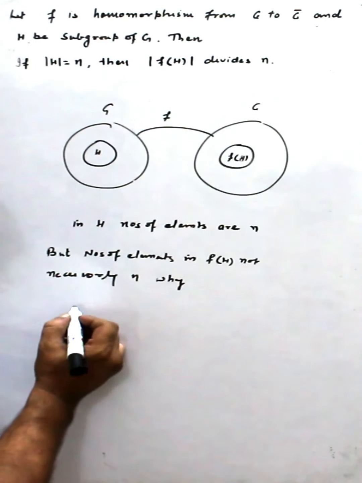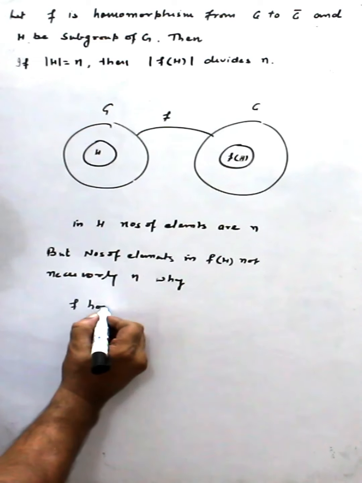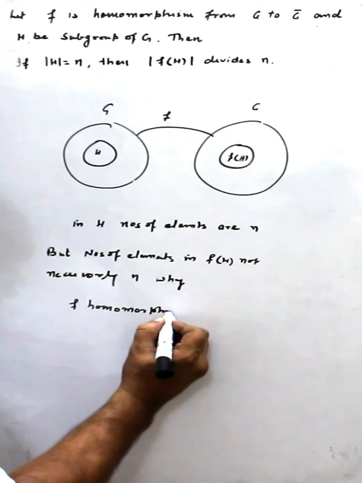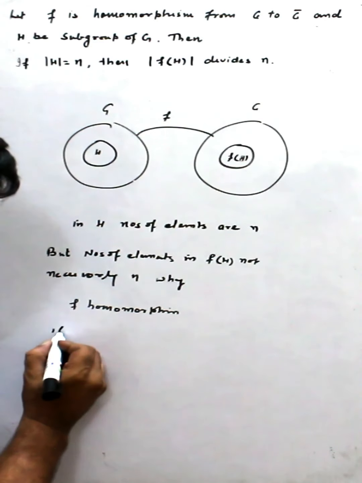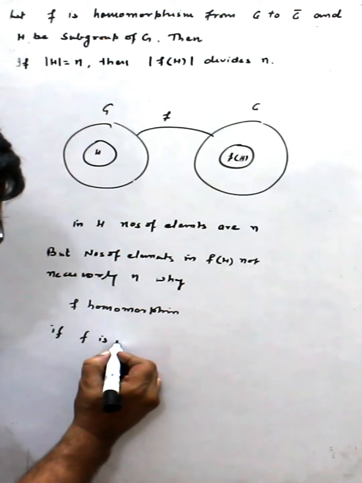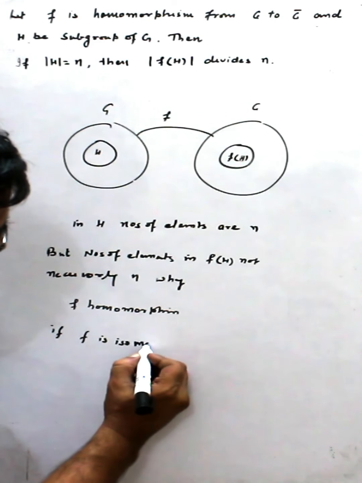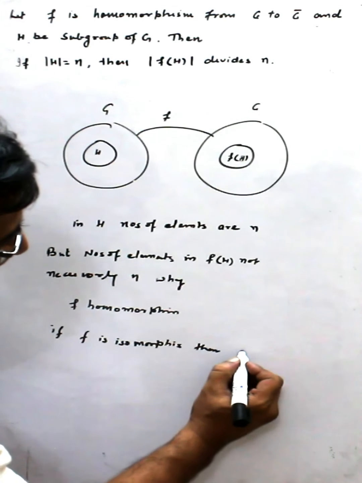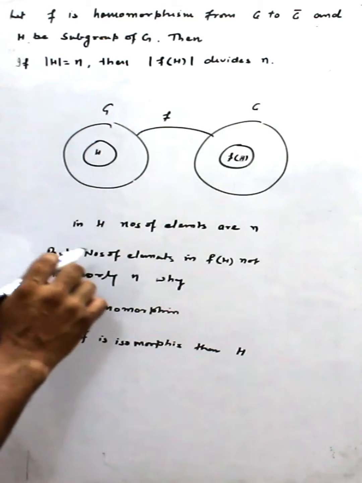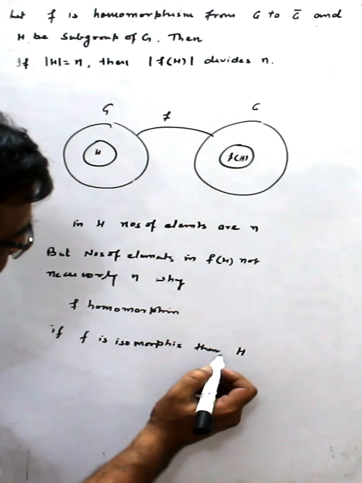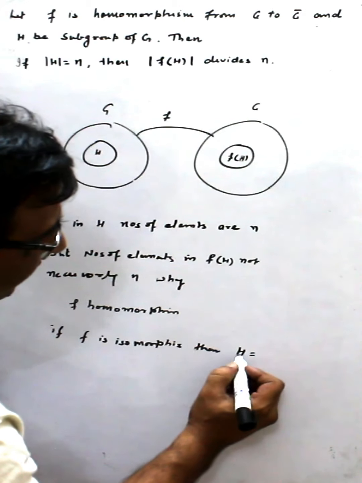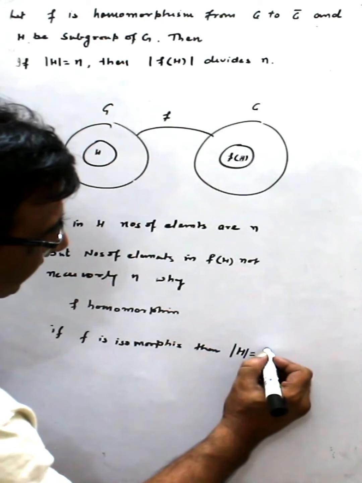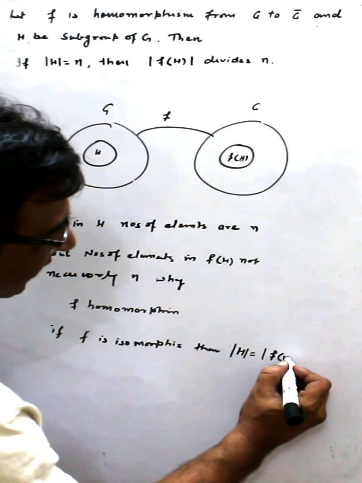Because F is a homomorphism. If F is an isomorphism, then what happens? The mapping is one-one and onto, and in this case the number of elements in H will be equal to the number of elements in F(H).